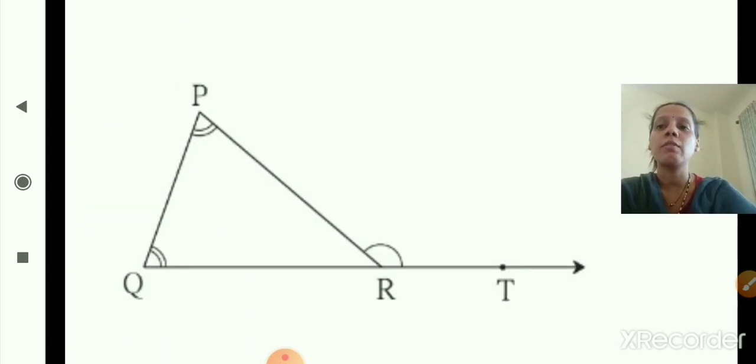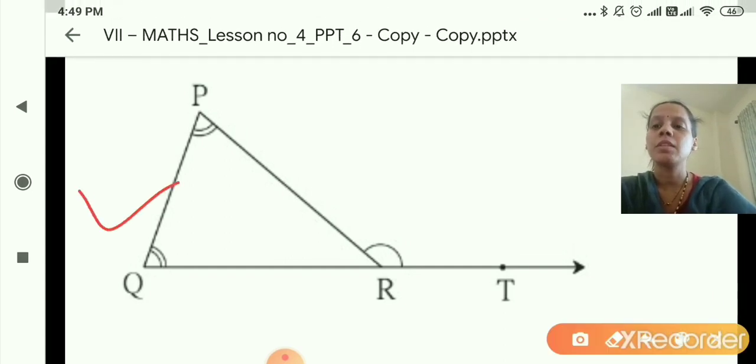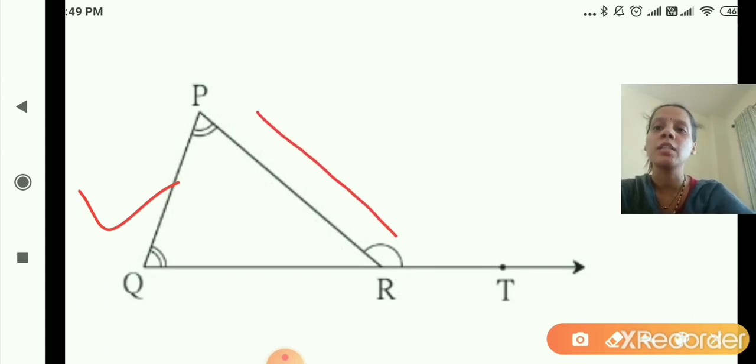Now as you can see here one figure, you will identify the exterior angle of triangle PQR. This is the figure. This is triangle PQR. Which is the exterior angle of triangle PQR? Correct, the exterior angle of triangle PQR is PRT.